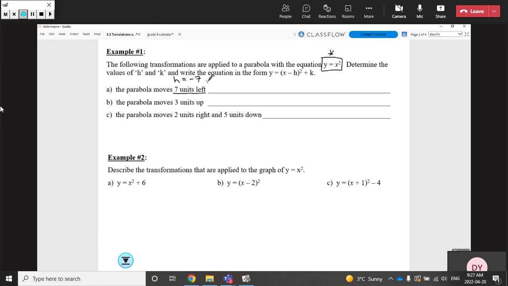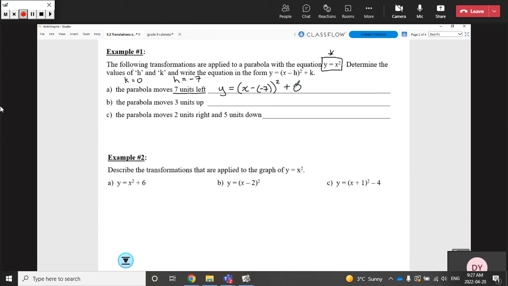And the k value equals 0, because it didn't go up or down. So our quadratic is going to be y equals (x plus 7) squared, and you might write it plus 0, I suppose, because it didn't move up or down.